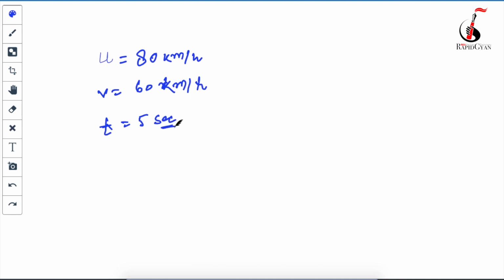First you will have to convert this 80 km per hour into meter per second. Remember guys, because the SI unit of velocity is meter per second. I have told you in the previous video, in order to convert into meter per second, you will have to multiply with 5 upon 18. So guys, those who have not gone through my previous video, I recommend first go and watch that video.